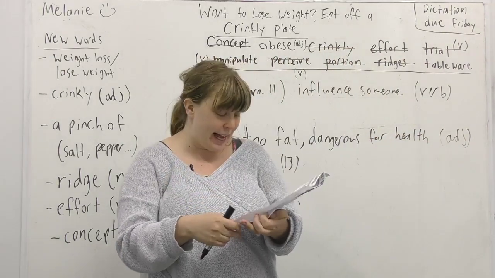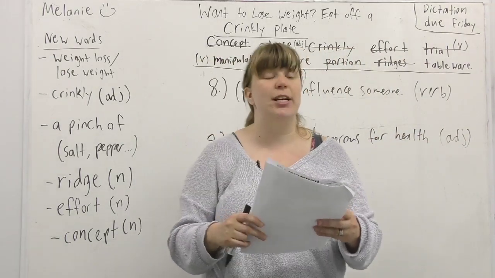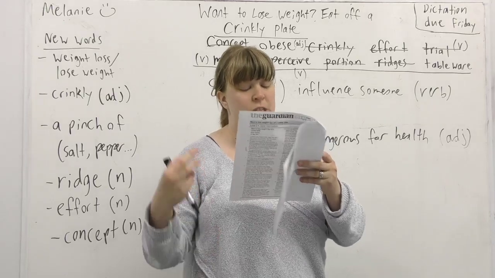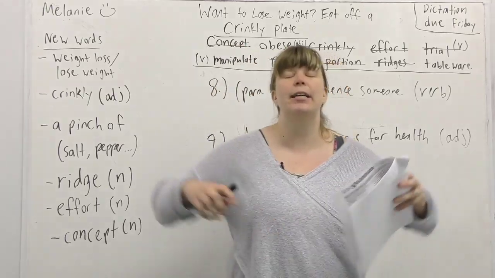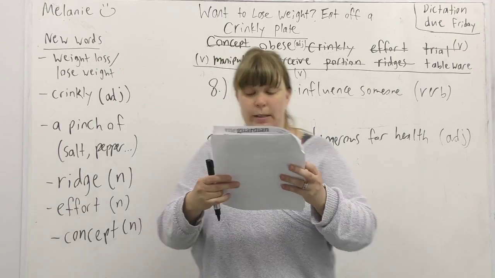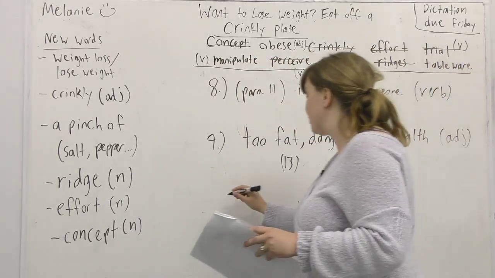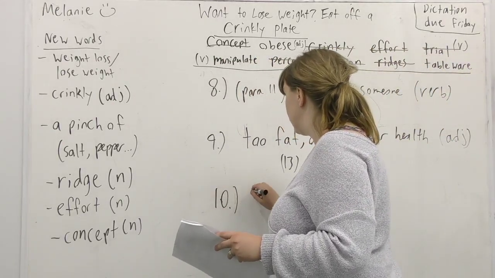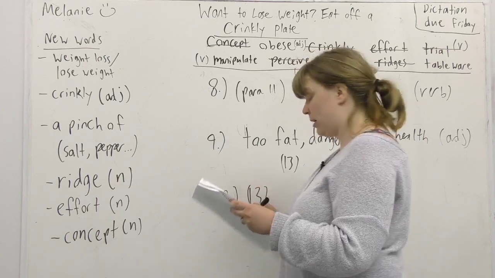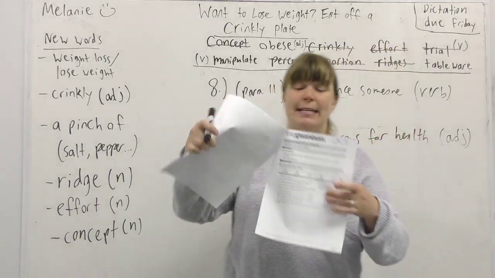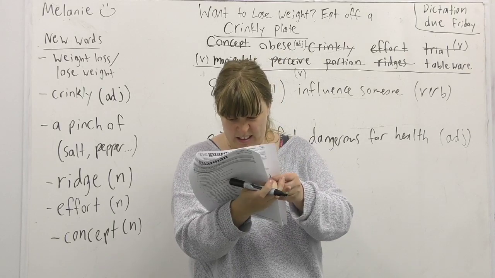Okay, and number 10, last one, woohoo! Things such as knives, forks, dishes, etc. that you use when you're having a meal. So this is also in paragraph 13. Okay, this should be pretty easy.